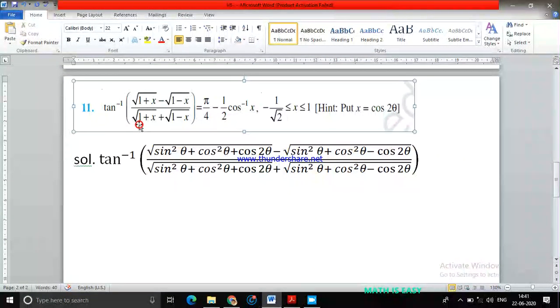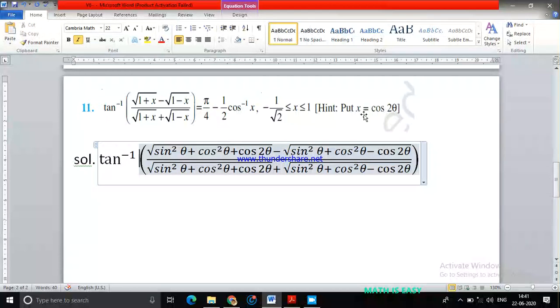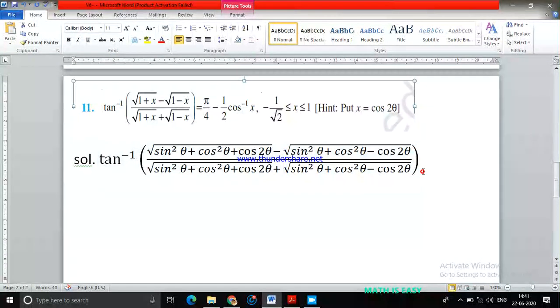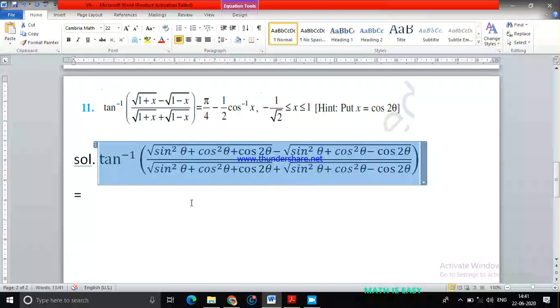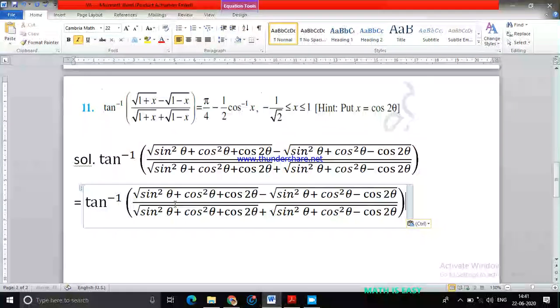Again in place of 1 here, I put sin square theta plus cos square theta. In place of x, I'll put cos 2 theta because the hint is given, x equals cos 2 theta. Next step, let me copy the whole step. I have to make minor changes only.